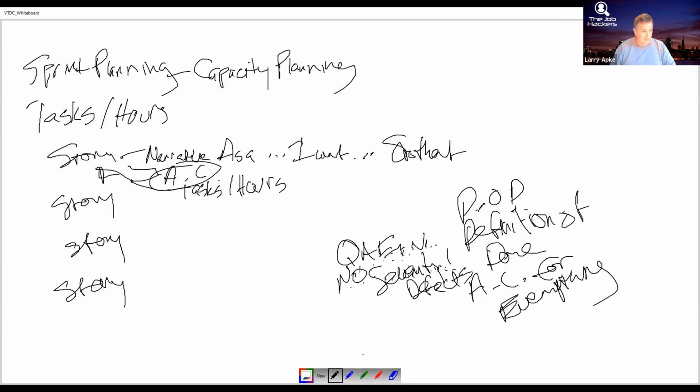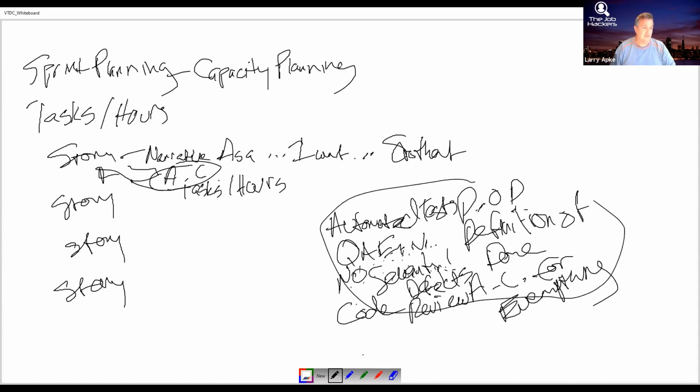You might want to make sure that your work is reviewed. So you might have code review as part of your definition of done. You're going to have a whole bunch of different things in there. You might want to have something about testing, automated testing, like all automated tests are written. The reason I'm going through this stuff on definition of done, and you can all look up different examples of it, is these are the things that are common to all the work before it is considered done. And you're going to have a listing of them.